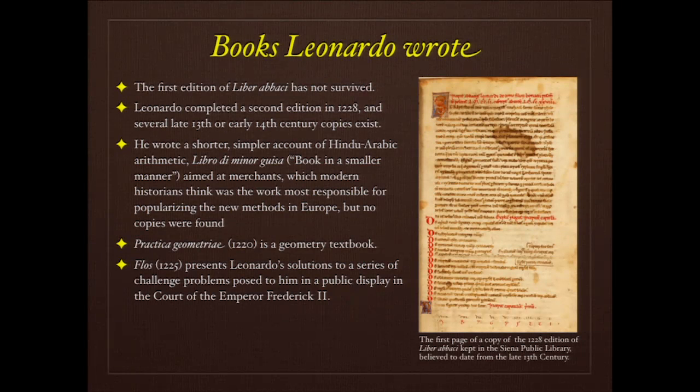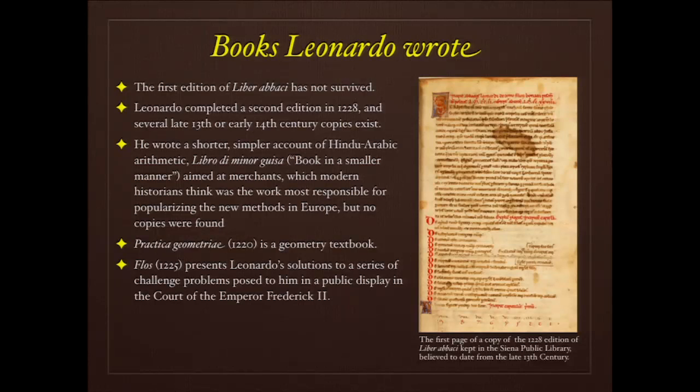Because he's famous, he goes on the 13th century equivalent of Jeopardy, which means you get called to the court of the emperor when the emperor had his court in Pisa, and Leonardo went in front of an audience like this one, and representatives of the court gave him challenging mathematical problems, and he would demonstrate his virtuosity by solving the problems in front of the audience.